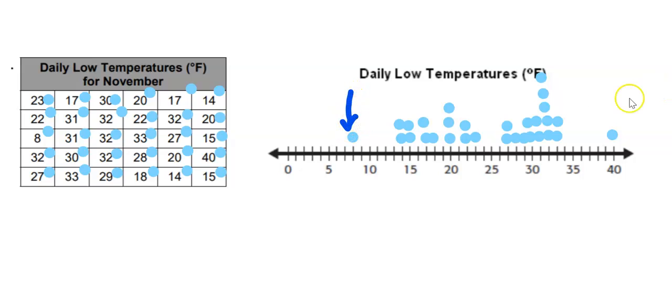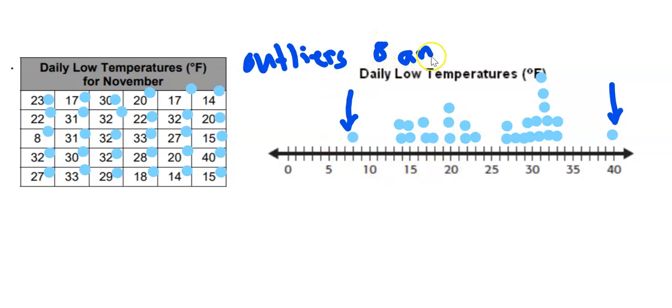We have this guy here, and we have this guy way over here. So our outliers are 8 and 40. And our outliers are actually going to be used to help us find our range.